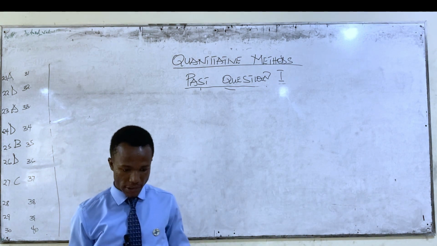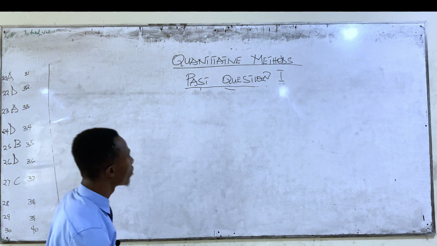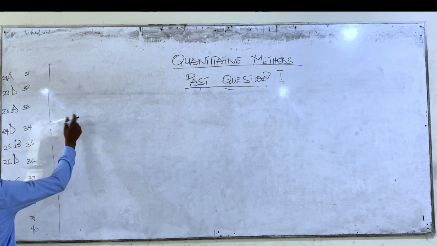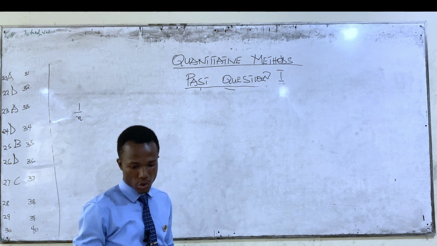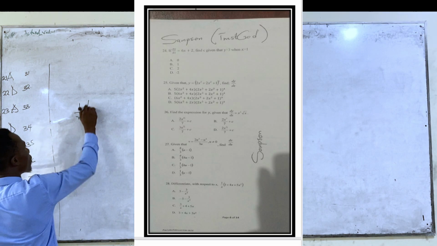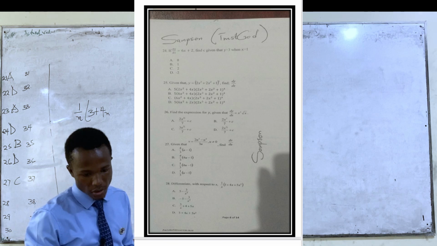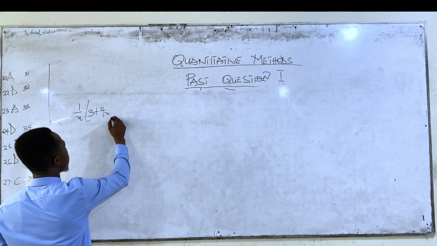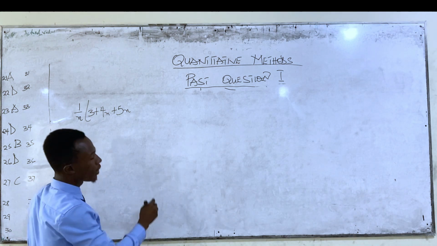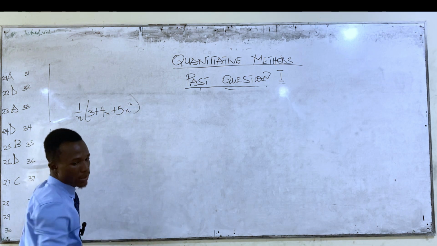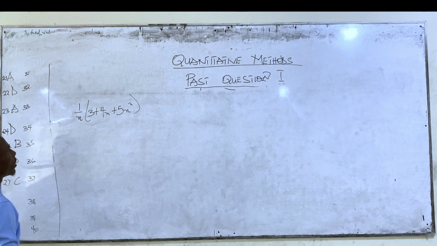So for question 28, differentiate with respect to x: 1 over x into brackets 3 plus 4x plus 5x squared, right? So we should just differentiate.